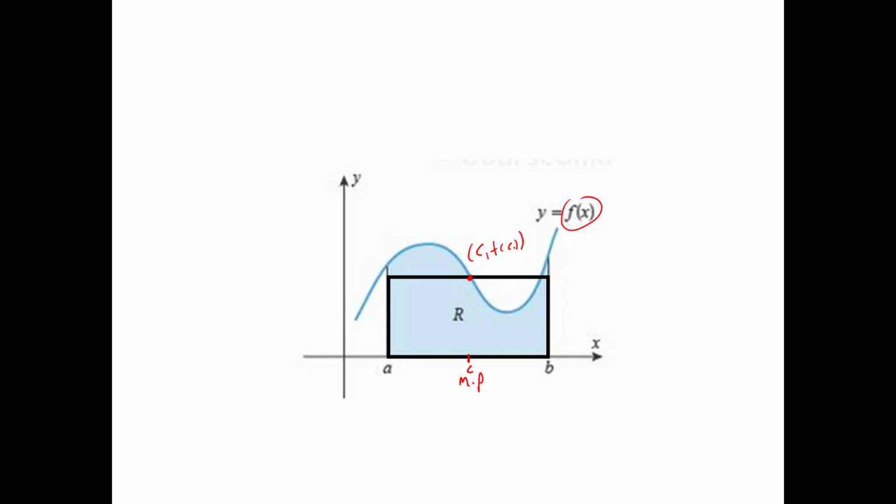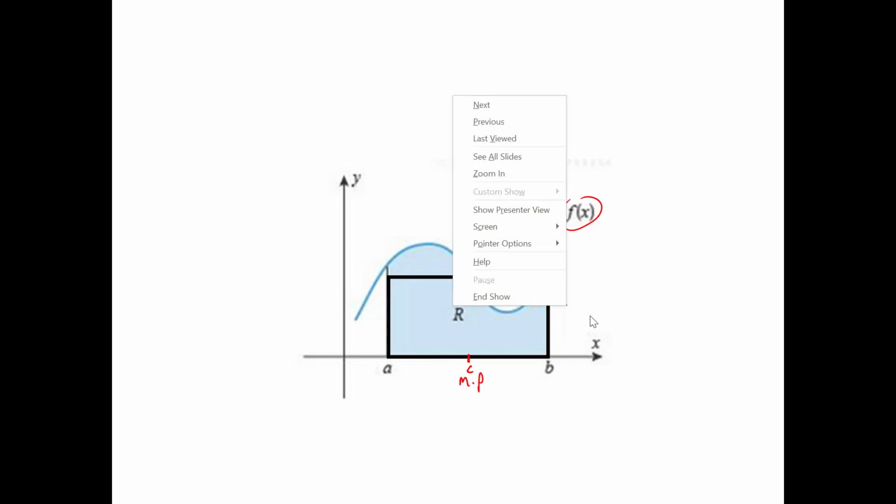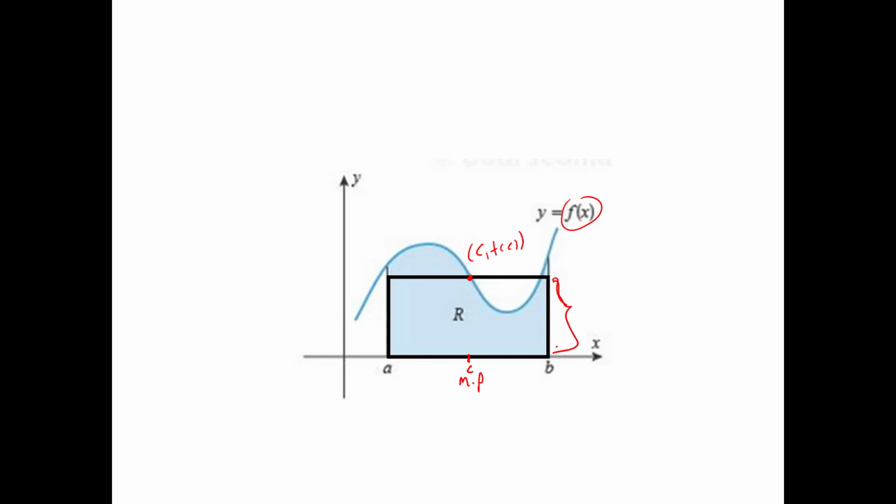And the height of the rectangle, the distance from here to here, is f of c. And so then the area is the width of the interval, the distance from A to B, which the way we find distance is by taking B and subtracting A. Take the number on the right, subtract the number on the left, and then multiply it by the height, f of c. And there we go.